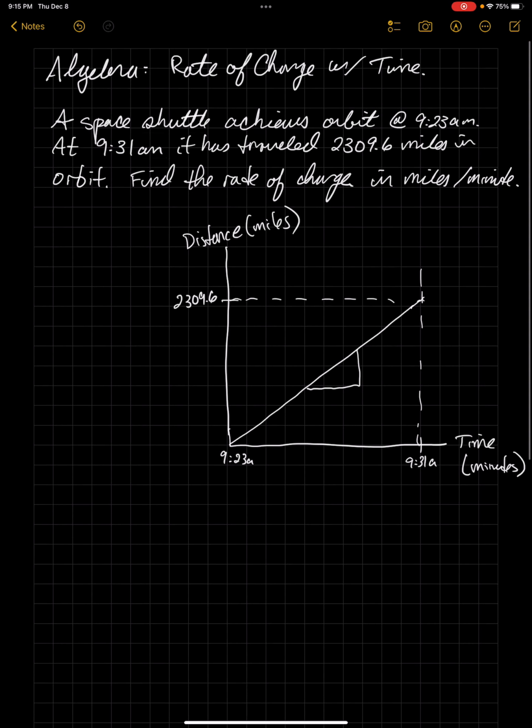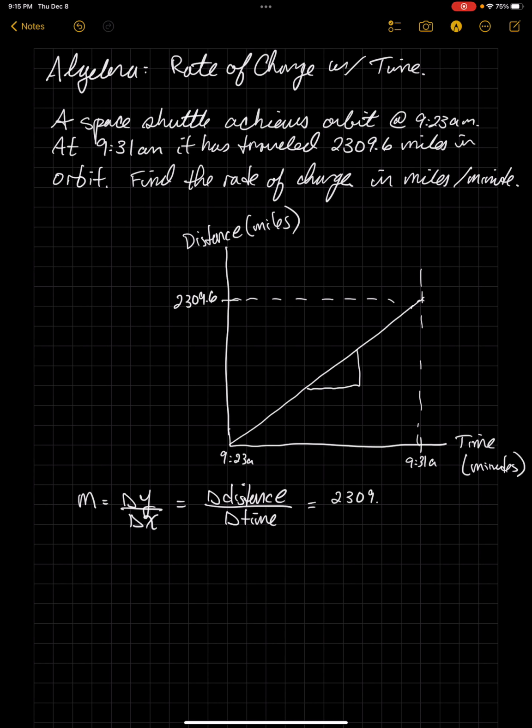So we know that the slope, m, is equal to the change in y divided by the change in x. In this particular problem, the change in y is our change in distance, and our x-axis is the change in time, specifically in minutes. So the space shuttle travels 2,309.6 miles.